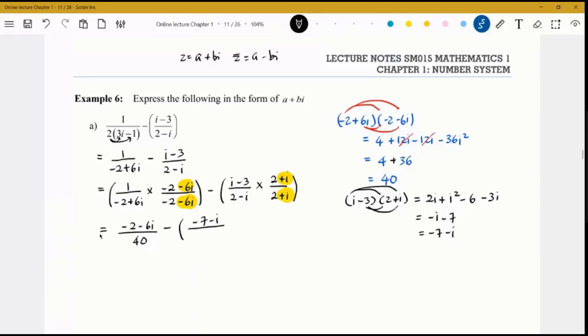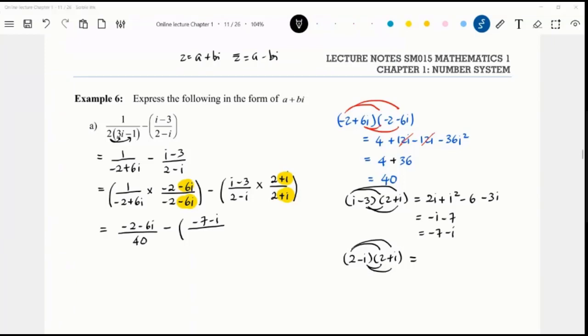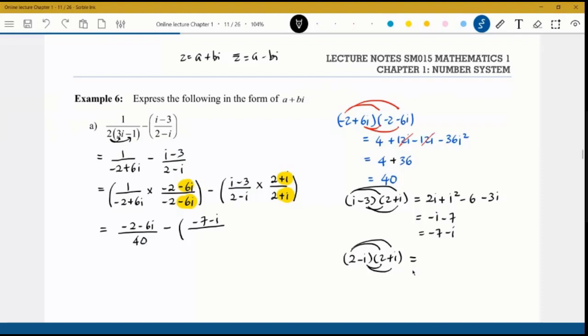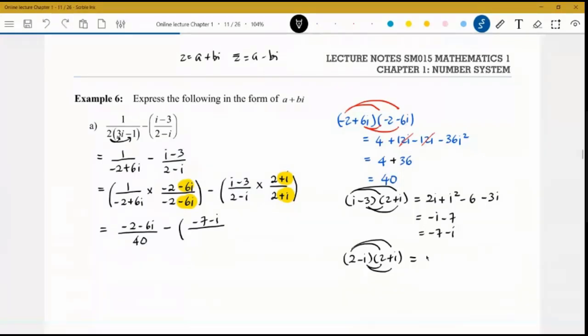Okay, pada bahagian bawah pula 2 minus i, 2 plus i. Okay, kembangkan dapat apa ni? Anyone? Kalau kita kembangkan dapat apa? 4 tolak kurungan negatif 1 kuasa 2. Sekejap. Berapa? 4 tolak.